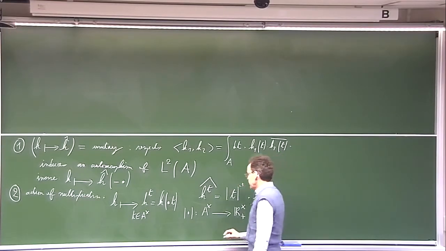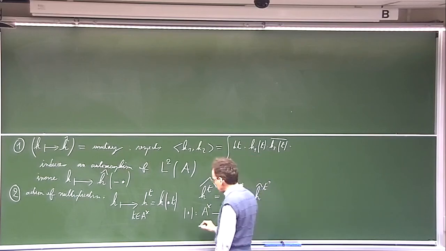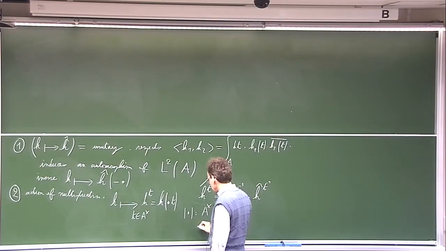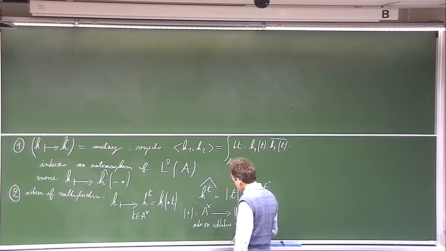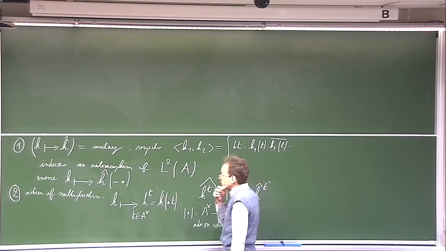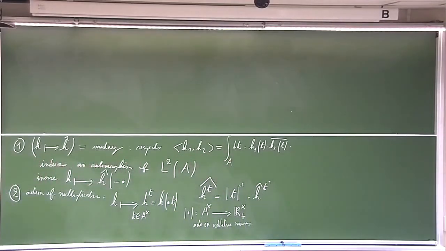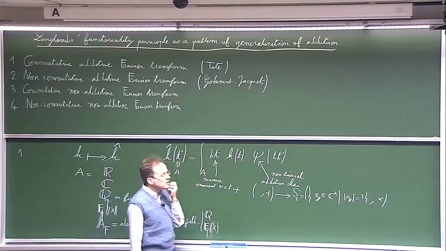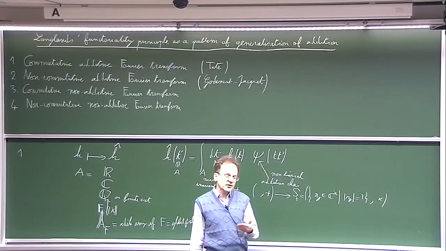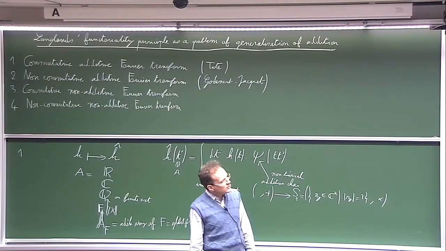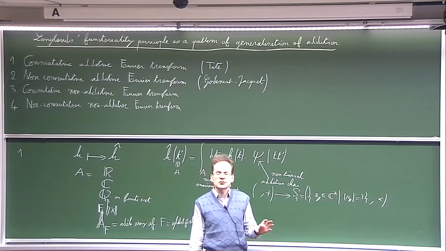And how is it defined? It is a character through which A cross acts on additive measures. Remember that when you have a locally compact abelian group, as we have here, the measures which are invariant by additive translation form a one-dimensional space.